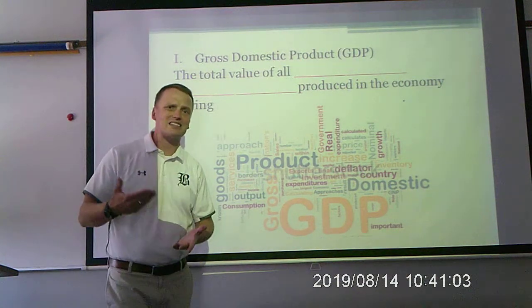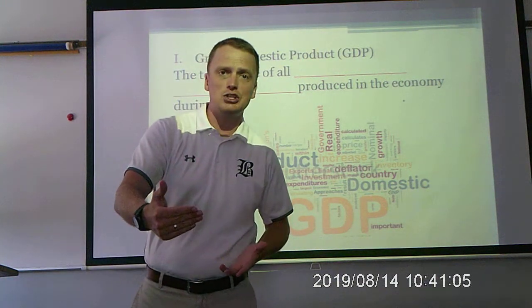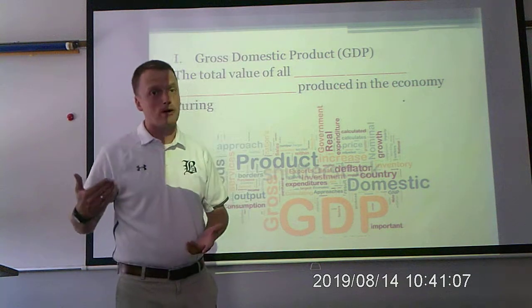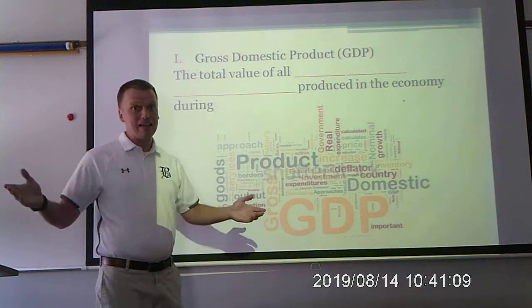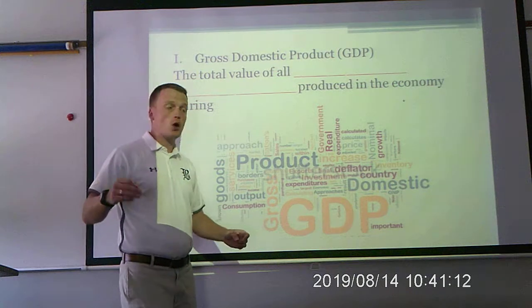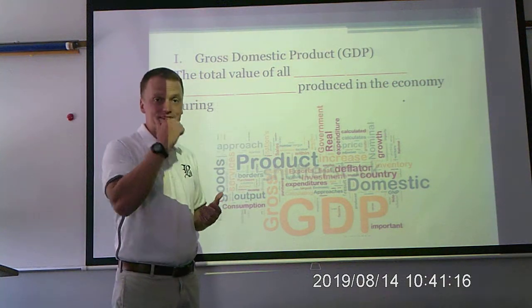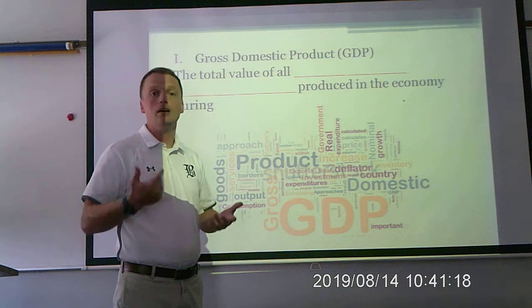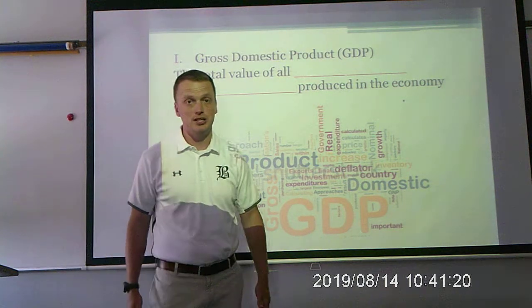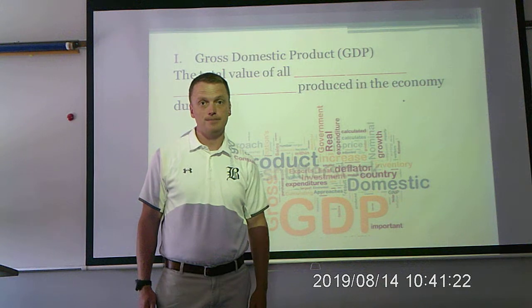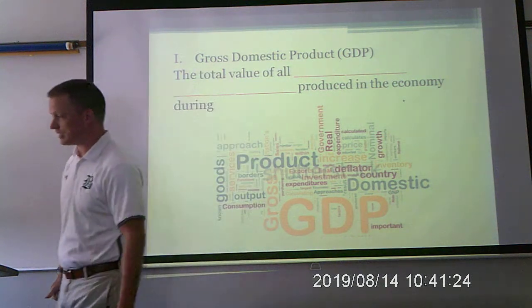When we get into discussing what's included in GDP and what's excluded from GDP, really the most important thing for you to know is this definition, because this definition tells you exactly what would not be included in GDP.